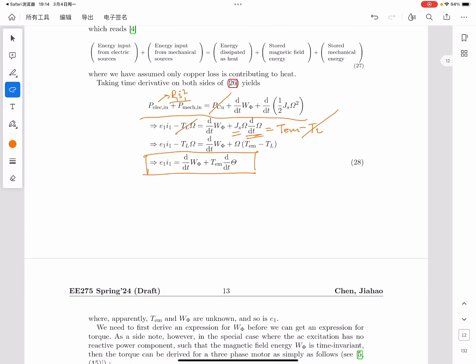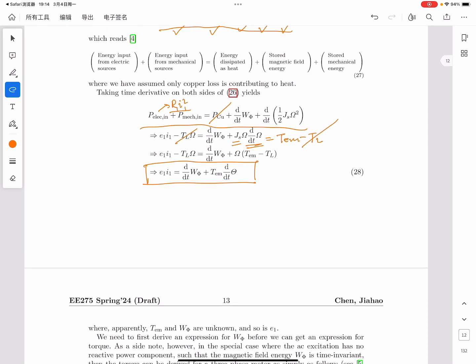We will later see that this is actually an expression for the total differential, or exact differential, of the magnetic energy. So this is the magnetic energy. Its time derivative equals the torque times the angular speed plus the current times E1.